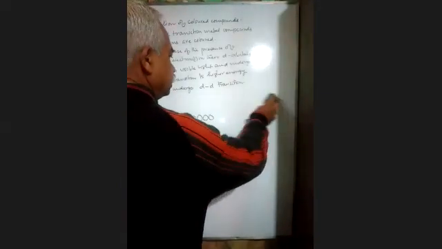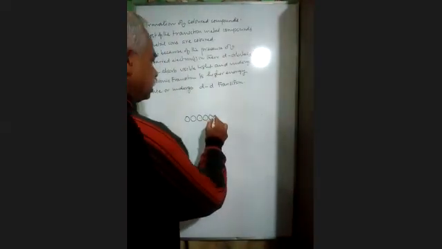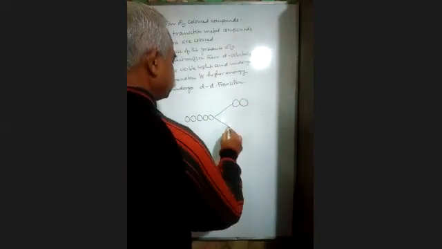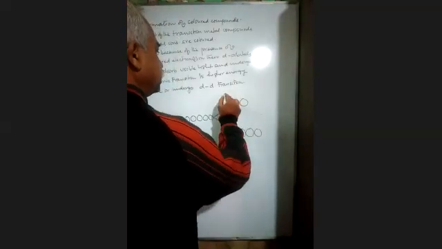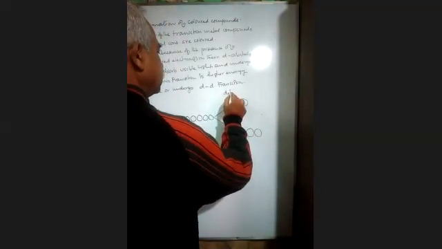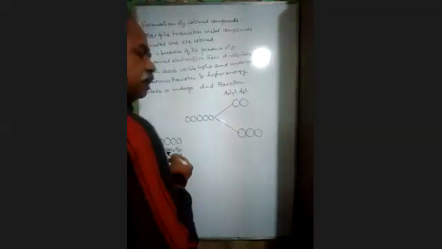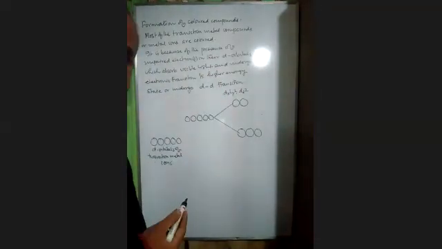See here, in this case, if they come along the plane, this dx square minus y square and dz square suffer repulsion and the energy increases.